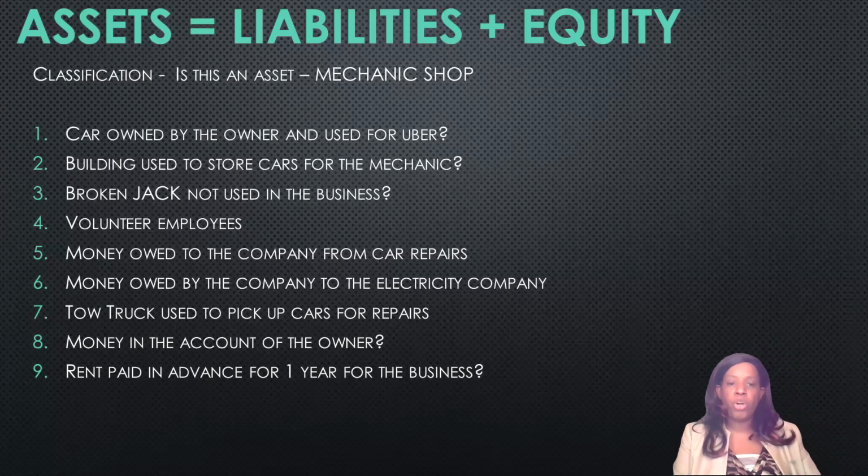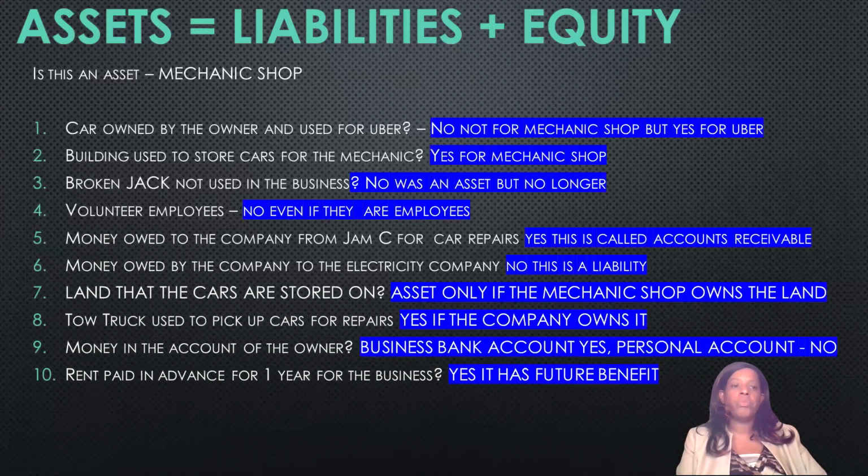Tow truck used to pick up cars for repairs. What are we looking at? Tow truck. Money in the account of the owner. What are we looking at? Money in the account. Rent paid in advance for 1 year for the business. What are we looking at? Rent paid in advance. So let's go ahead and look at each one.